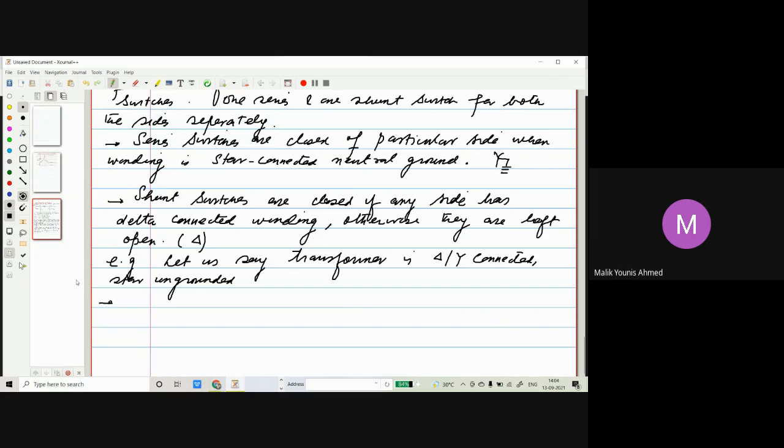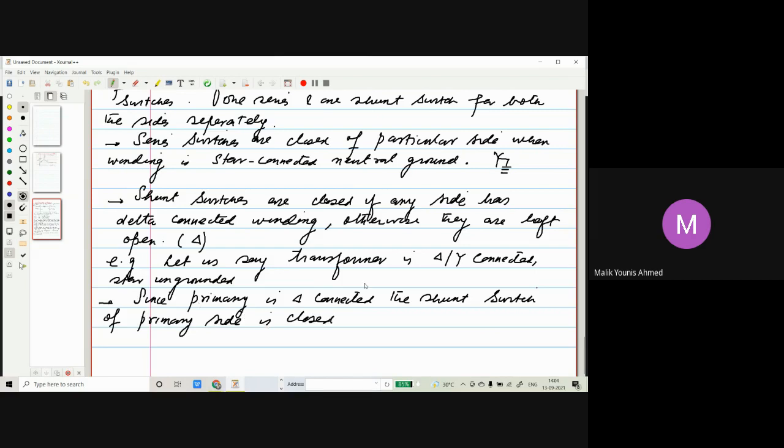So I will write here, since primary is delta connected, the shunt switch of primary side is closed and series switch is left open. This is one.